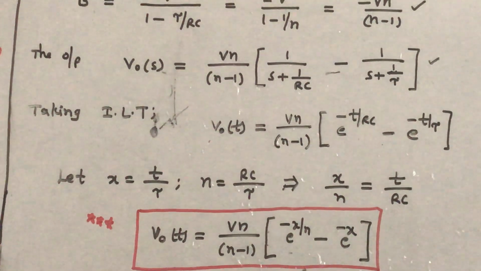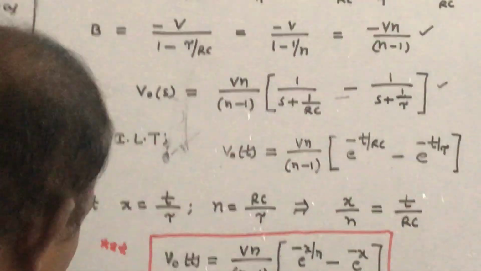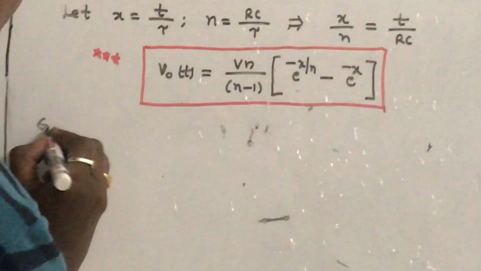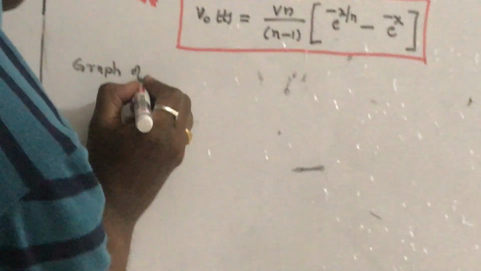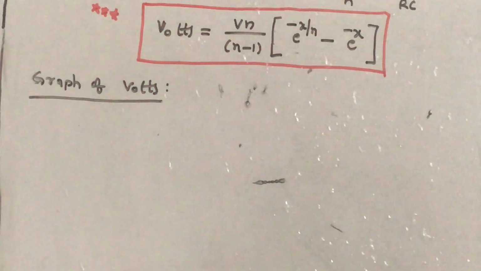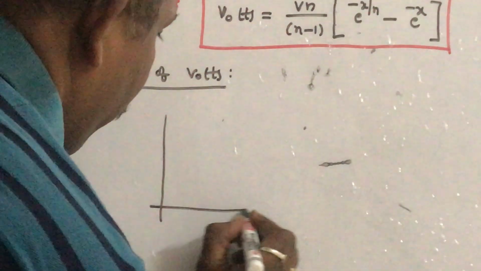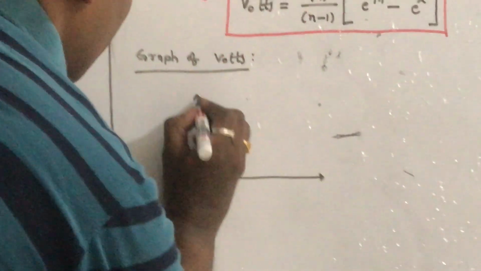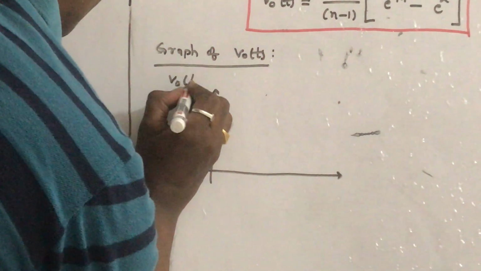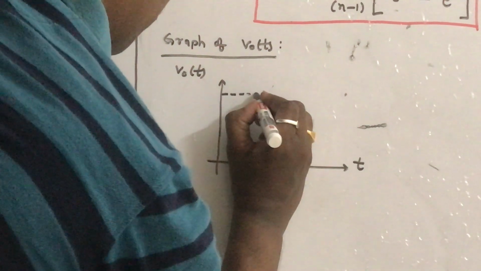Now let us see the graph of the output, the graph or waveform of V0 of t. So this is V0 of t versus t. Let us draw the input first.